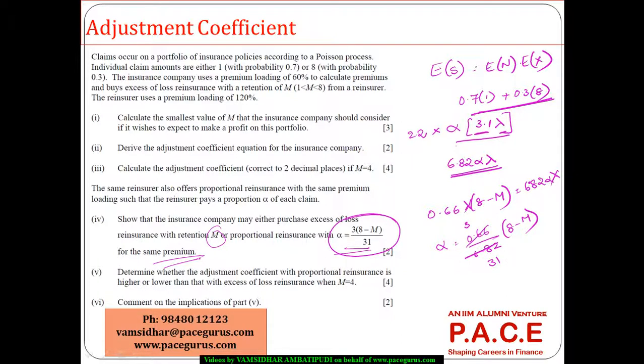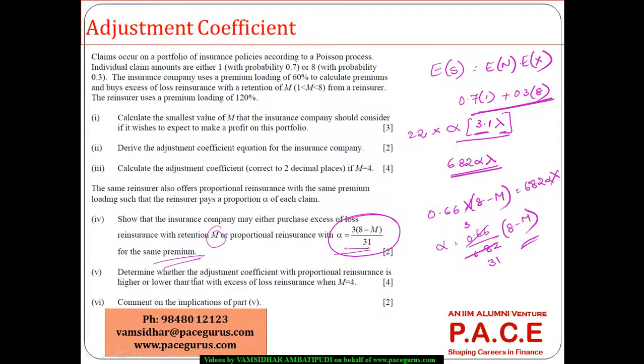So if alpha is set as 3 by 31 times 8 minus m, then whether we are going with a proportional reinsurance with a retention limit of m, excess of loss reinsurance with a retention limit of m, or a proportional reinsurance with alpha of this much, both of them would be costing the same amount of premium.